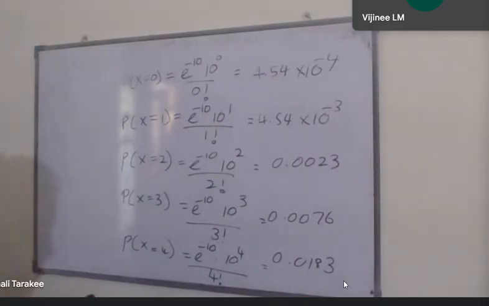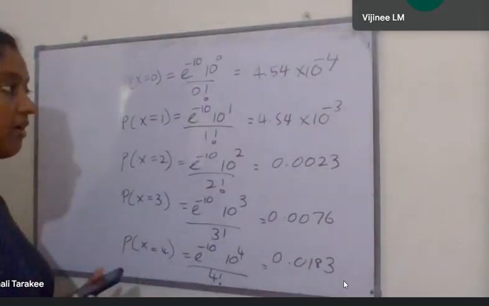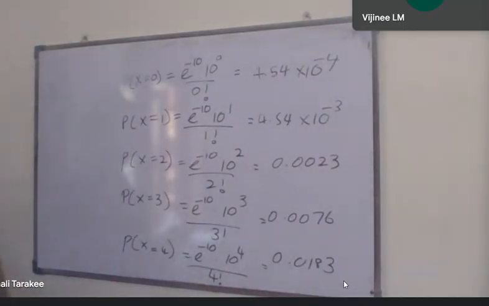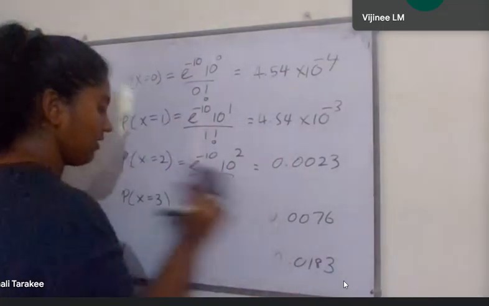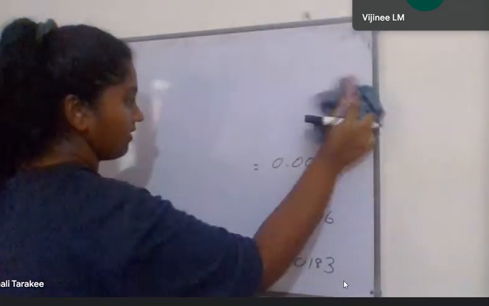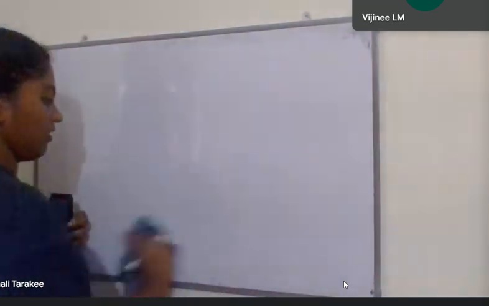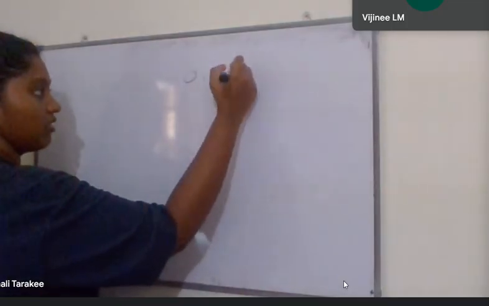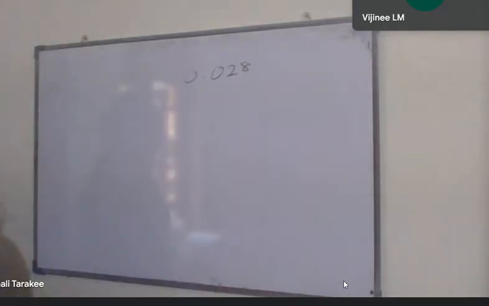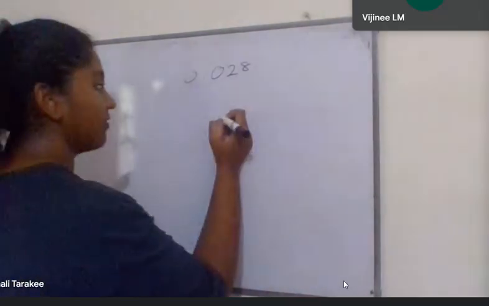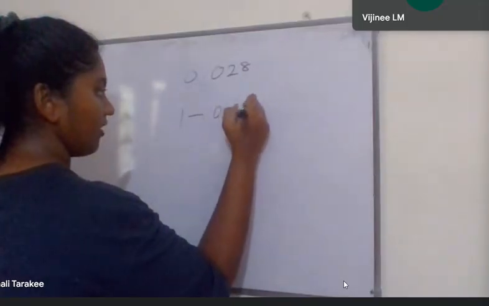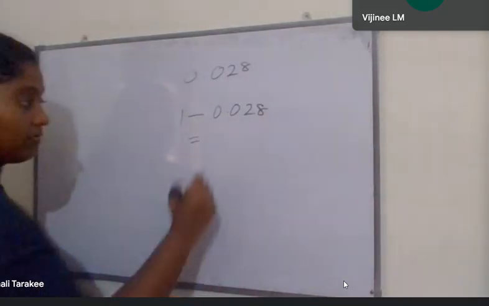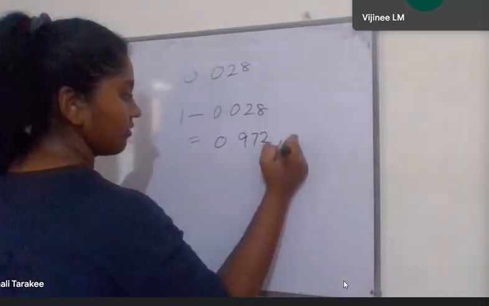Okay, now we have to add this and subtract the summation from 1. So when you add everything, you get 0.028. So we have to subtract that from 1. Then you get 0.972.